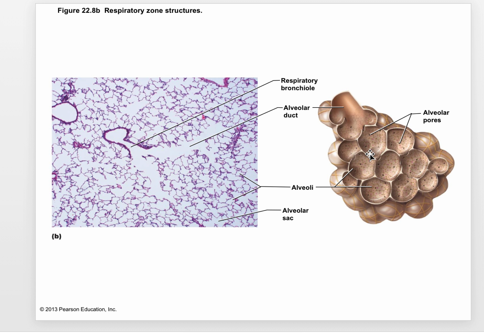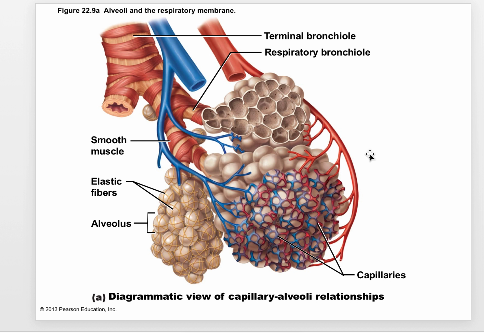It's just another slide of the alveoli. Look at a microscopic slide next to a cartoon. It's in the alveoli where oxygen and carbon dioxide are exchanged with the blood that's been pumped from the heart. So there's a close relationship between the pulmonary capillary system and the alveoli.